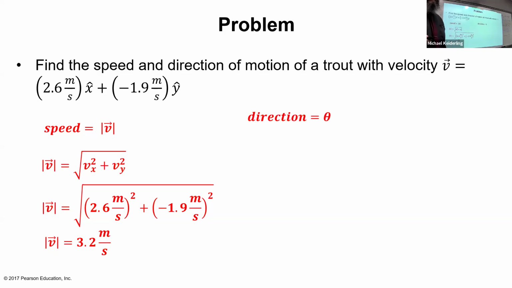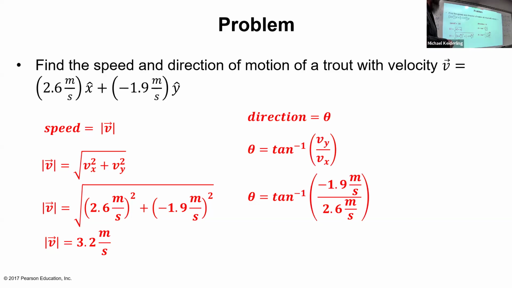So that's the speed. The direction is the angle. That's going to be the inverse tangent of Vy over Vx. So the inverse tangent of minus 1.9 meters per second over 2.6 meters per second, where the units cancel. The angle is, that is wrong.